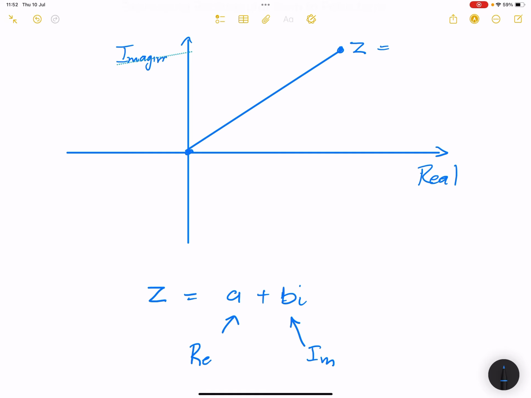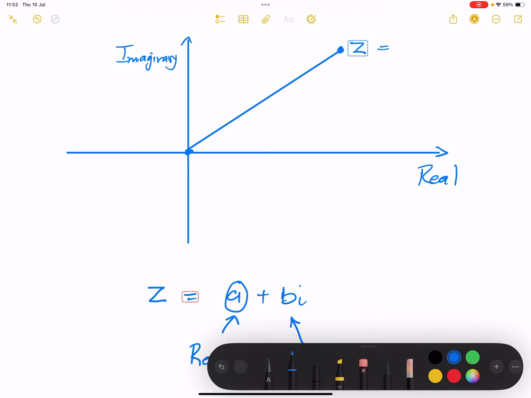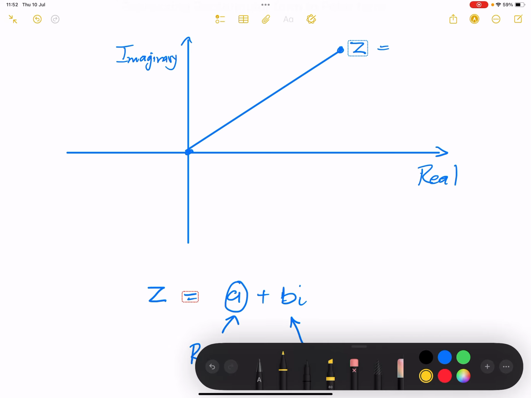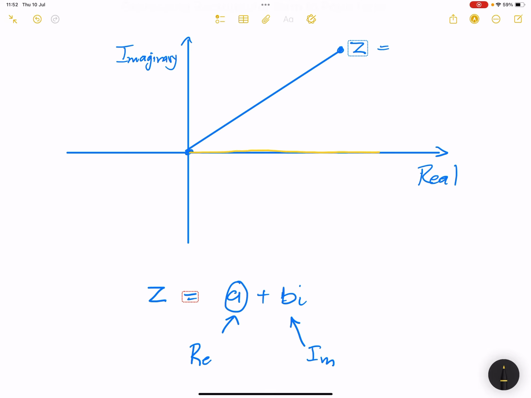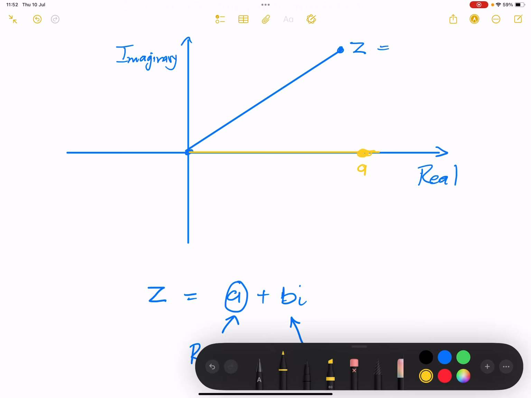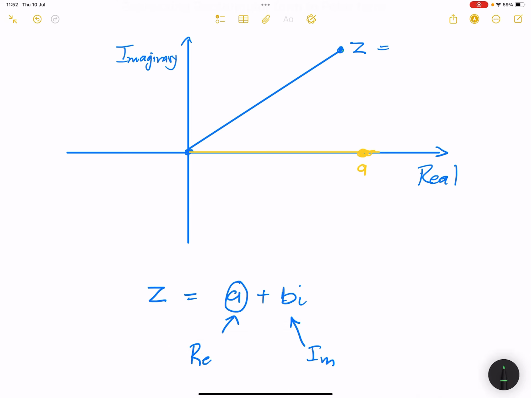A would be the value of that complex number along the x-axis, so that's our A value. And B in this case would be the value of y, along our vertical axis, the imaginary axis. So that gives us the value of B over there.